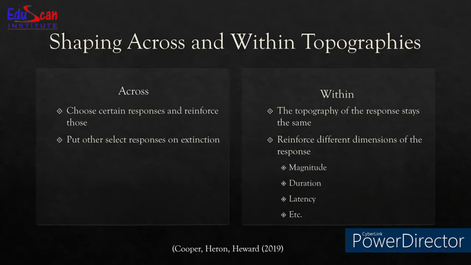Or the length of it, or how often it happens. So we can shape things differently. We can shape topography, how it looks. We can shape rate, how often it occurs, latency, duration, response time, even magnitude.